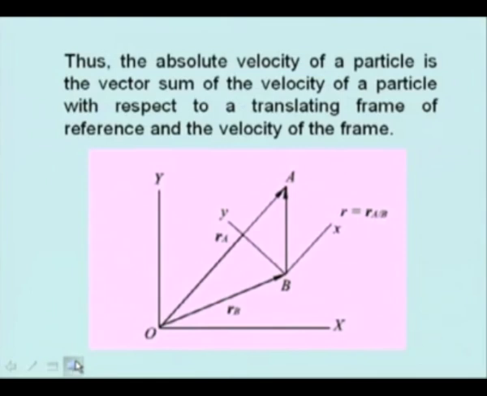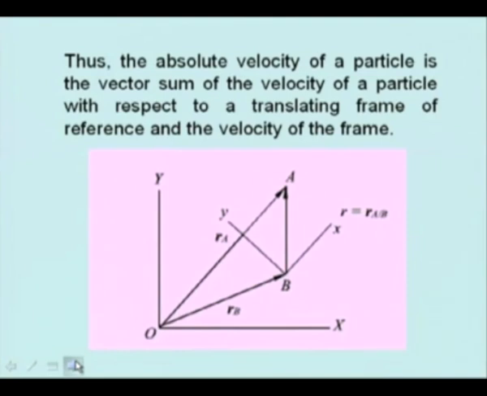Therefore, the absolute velocity of a particle is the vector sum of the velocity of the particle with respect to a translating frame of reference and the velocity of the frame itself.